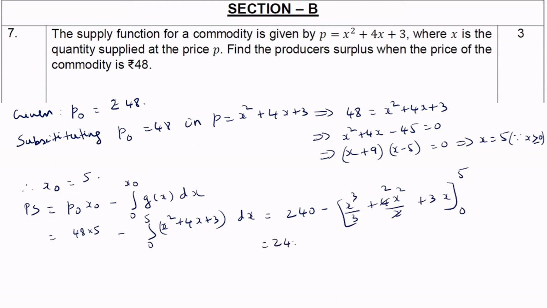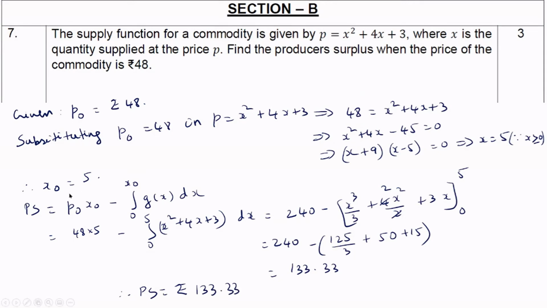So this is equal to 240 minus 125 by 3 plus 5 square into 2 is 50 plus 15, and the lower limit if we substitute we will get 0. So when we simplify we get 133.33. Therefore the producer surplus is rupees 133.33.